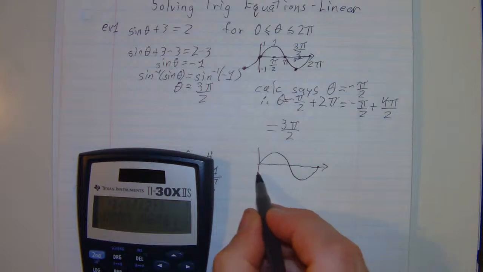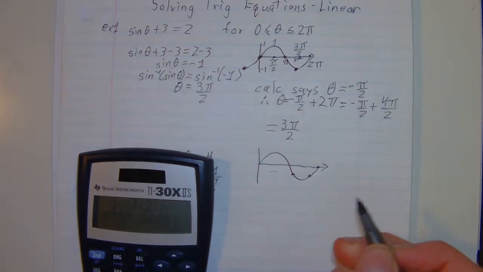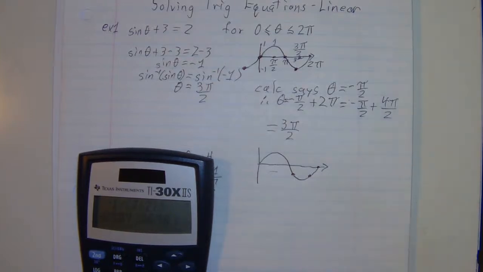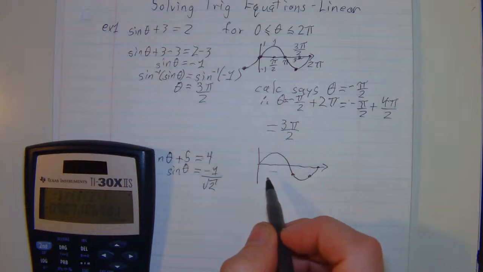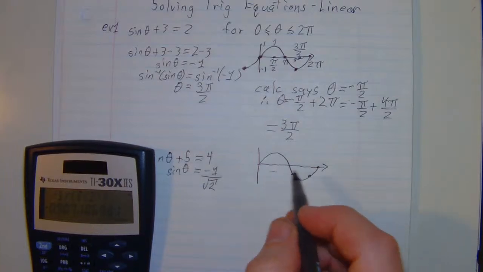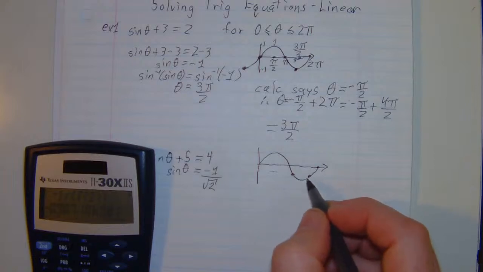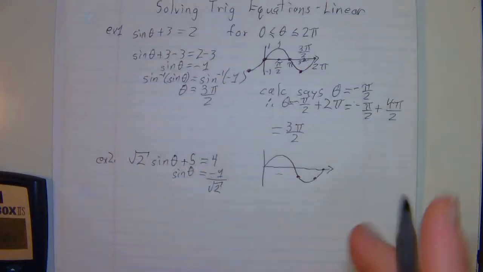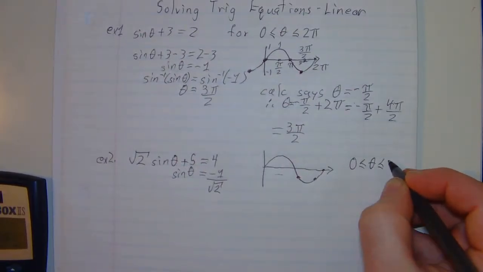It's not all the way down to the bottom. So if we look across, we're going to have 1, 2 spots where the function takes that value. And we're going to be looking for both of those solutions. If you look in the question, it is again asking us for theta between 0 and 2 pi.